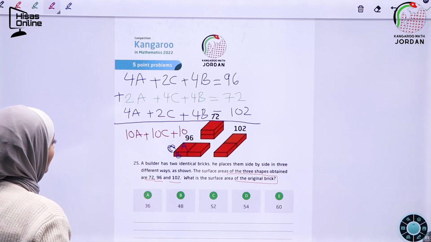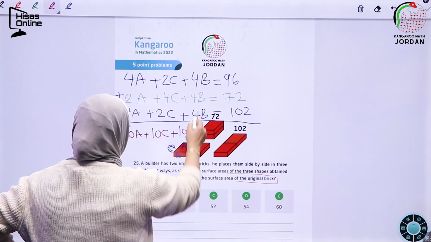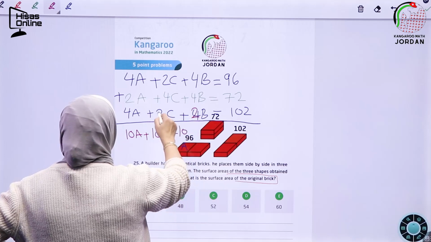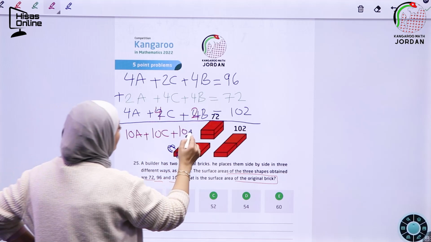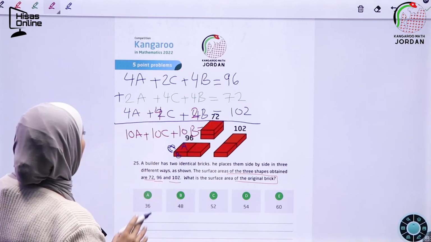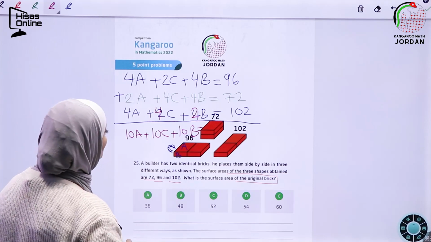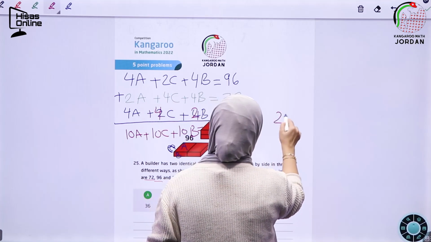Where is the B? 102, yeah. Here it has 2, here 2, and here is 4. Okay. So this is 10B equals 96 plus 72 plus 102. The total here will be 270.